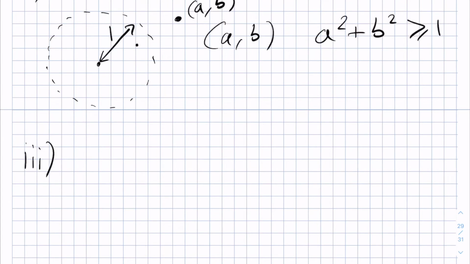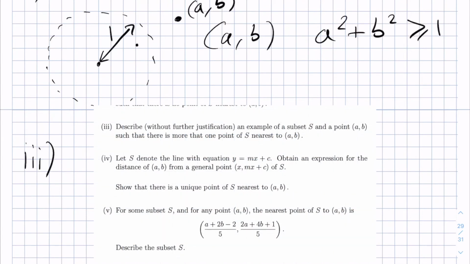Part 3 of the question says, describe, again without further justification, an example of a subset S and a point AB such that there is more than one point of S nearest to AB.